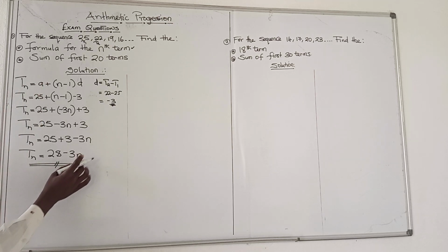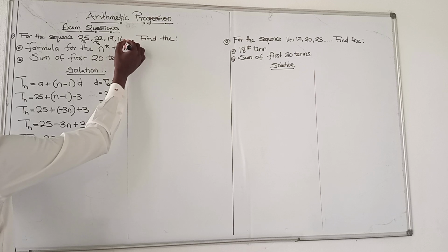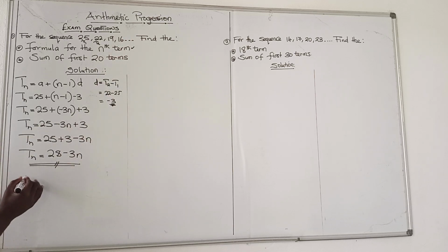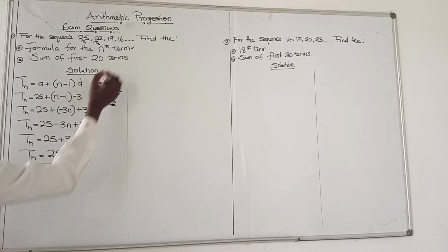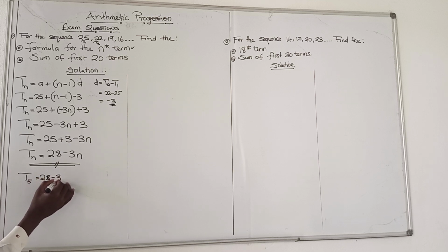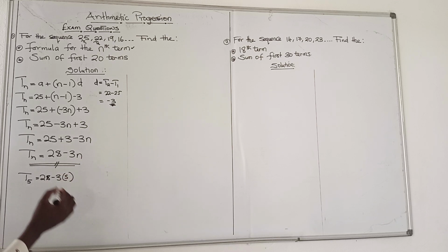If we want to find the next term in this sequence, we're going to use this. Let's say I want to find the fifth term. So T5 will be equal to 28 minus 3n, where there's n we put 5 for the fifth term.